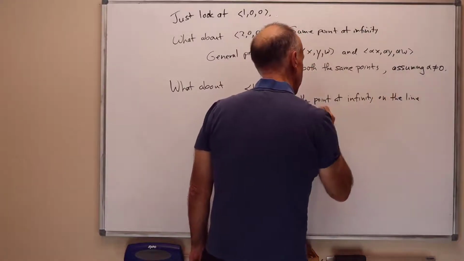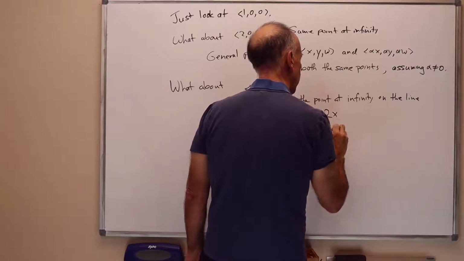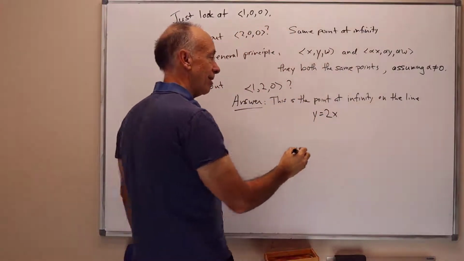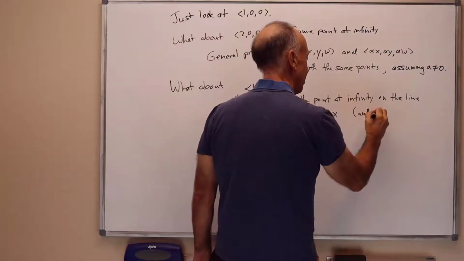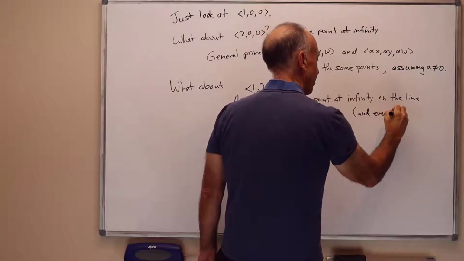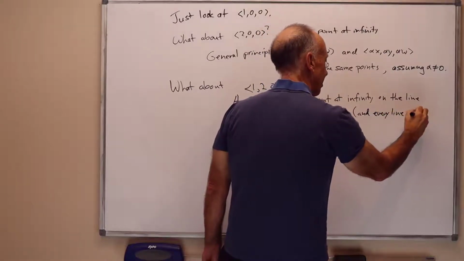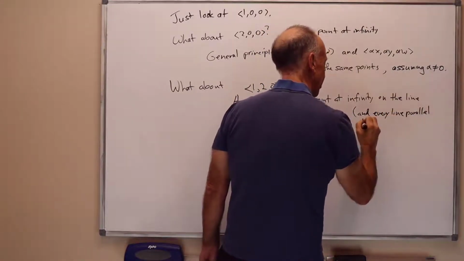On the line y equals 2x, and every line parallel to that line, i.e. every line with slope 2.